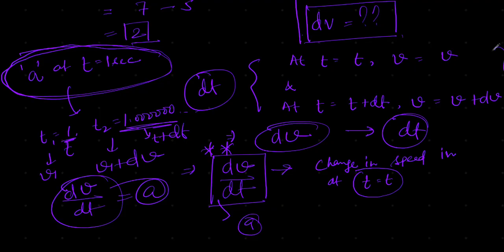I hope you understand the basic meaning of dv by dt. Basically, it describes the rate of change of speed or velocity with respect to time. And this rate of change means a very, very small change in the velocity with respect to time at a particular time t.